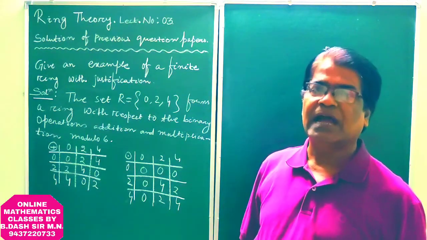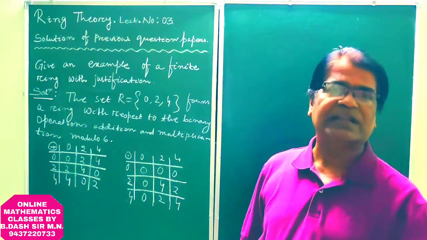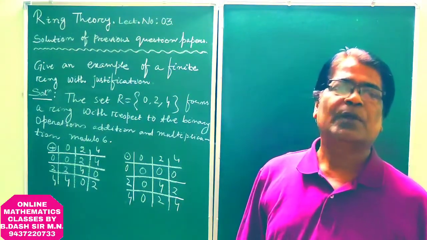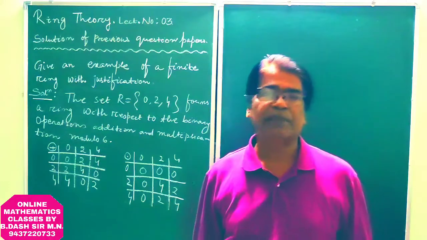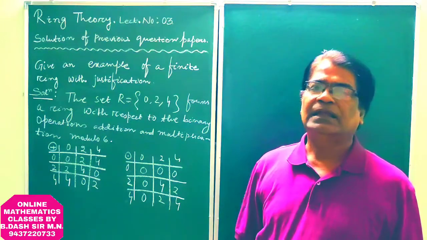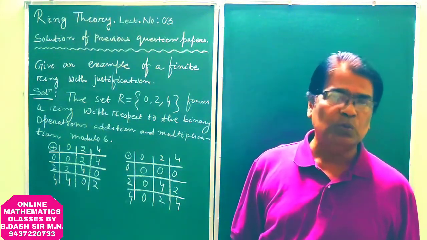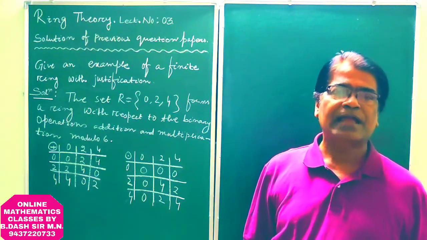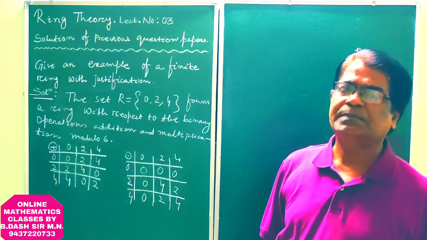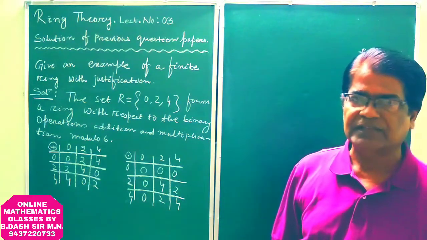Together with that, we must verify that this collection also satisfies the closure and associative properties with respect to multiplication. And finally, the collection also satisfies the two distributive laws, a right and a left distributive law, with respect to addition and multiplication modulo 6.